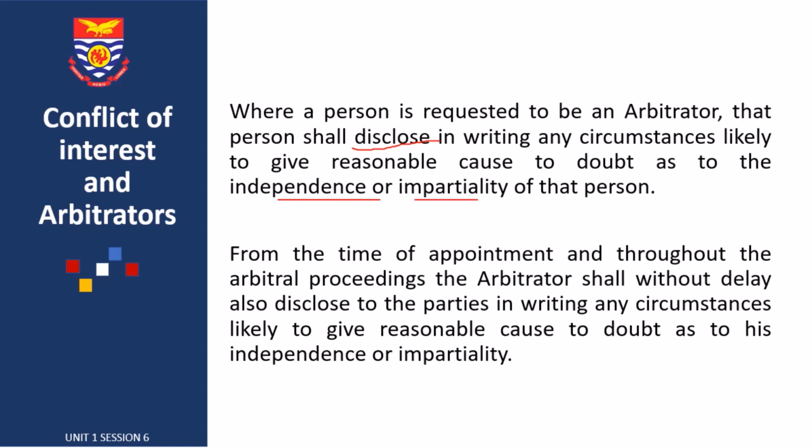So if you have been appointed and there is a circumstance that will cause you not to act independently or you'll be biased in making the decision, then you have to disclose. Therefore, from the time of appointment and throughout the arbitral proceeding, the arbitrator shall, without any delay, also disclose to the party in writing circumstances likely to give reasonable cause to doubt as to his independence and impartiality.